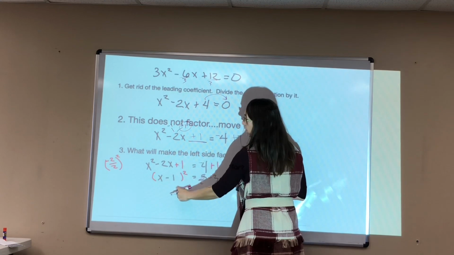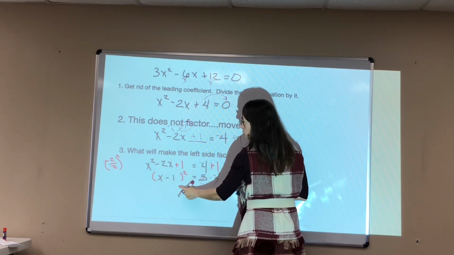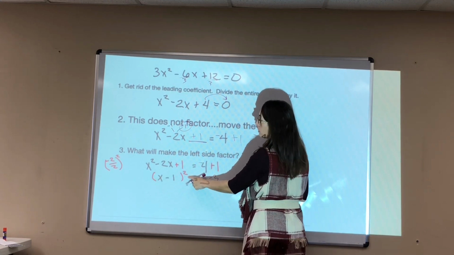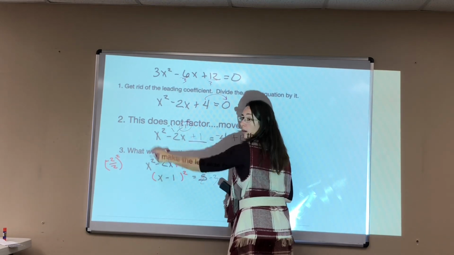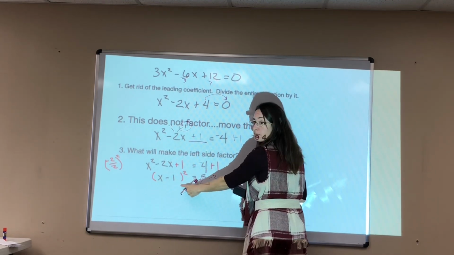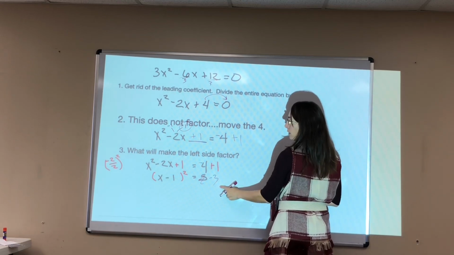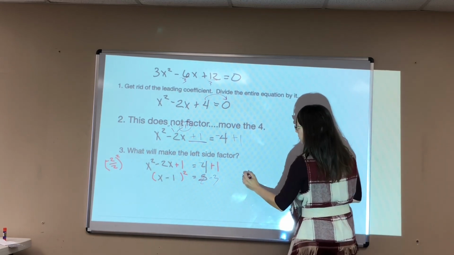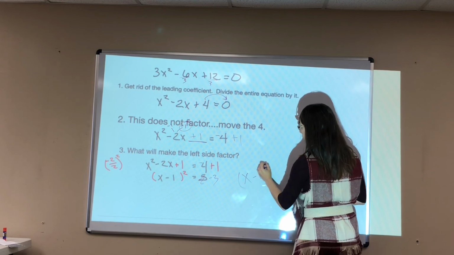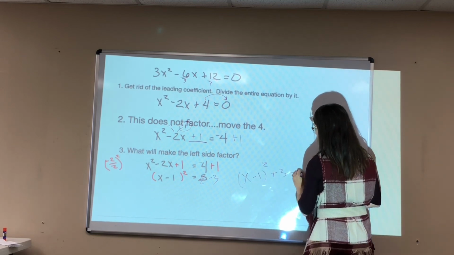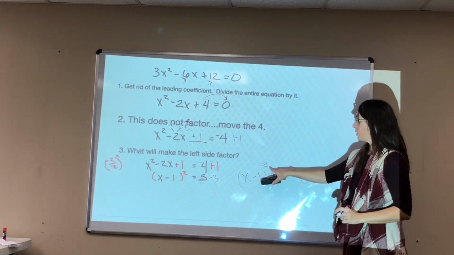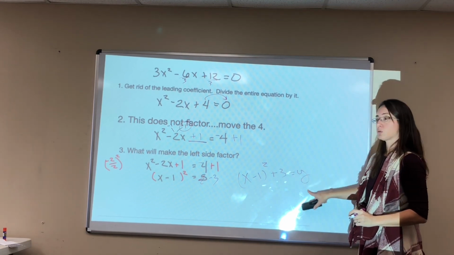So now on the left side, I have x minus 1 squared, because this is my new term, and I'm able to factor it as a perfect square trinomial. And on the right side, I have negative 4 plus 1 gives me negative 3. So my equation, when I move it over, is x minus 1 squared plus 3 equals y.